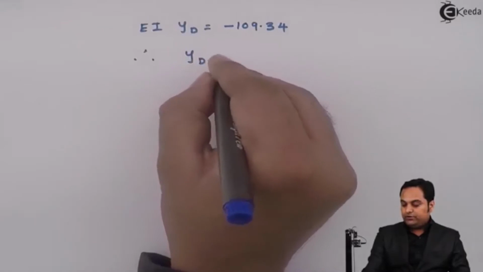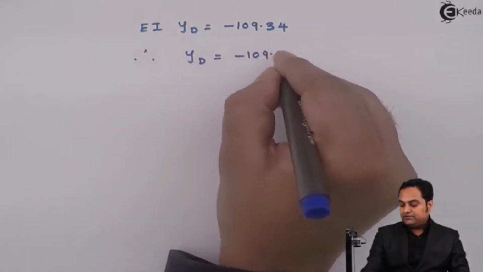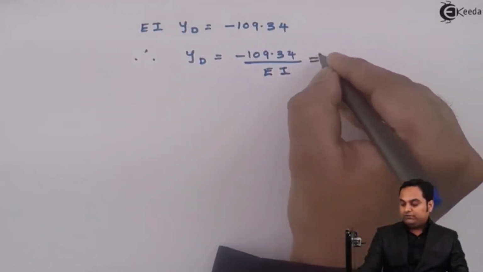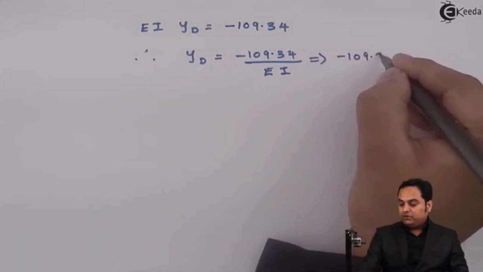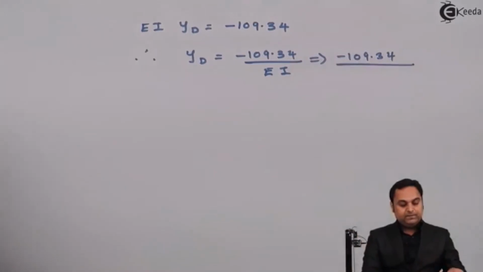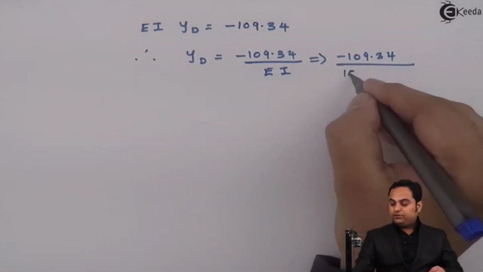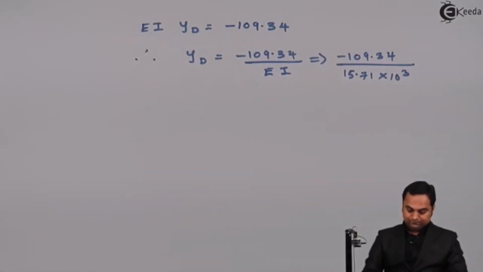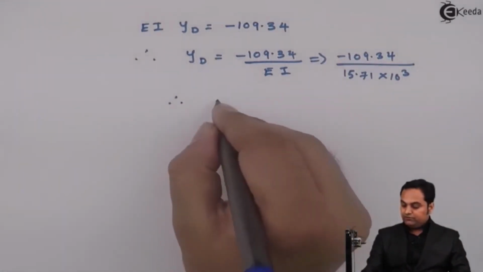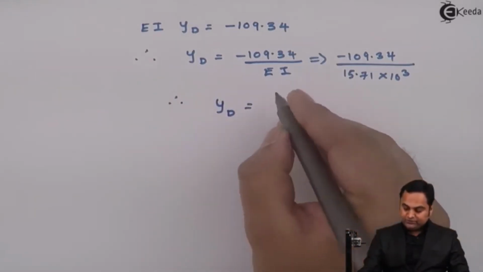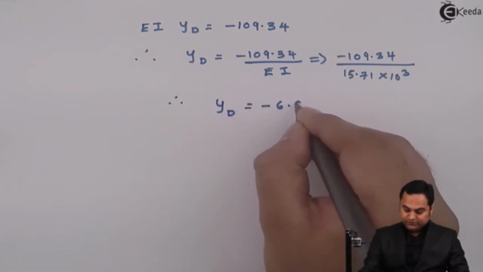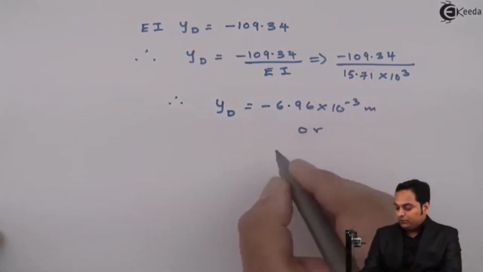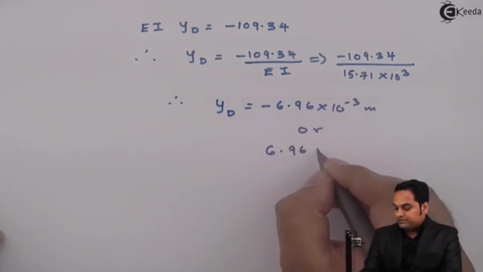Therefore, here I'll keep this as it is, shifting EI. Now putting the value of EI, which we have found out previously, that was 15.71 into 10 raised to 3. So my answer of deflection at point D comes out to be minus 6.96 into 10 raised to minus 3 meter, or I can say 6.96 mm.